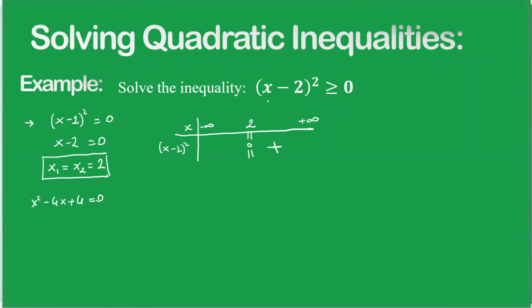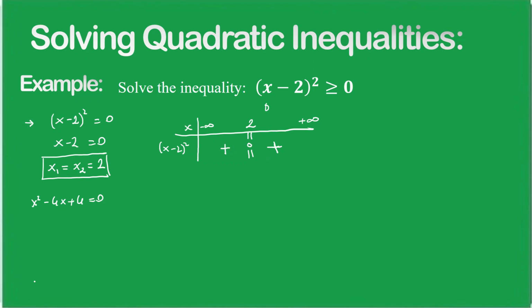For example, which number can be 0? 0. 0 minus 2 is minus 2. Minus 2 squared is 4. So it is also plus. As you see, the signs are the same here. After the double root and before the double root, the signs are positive.